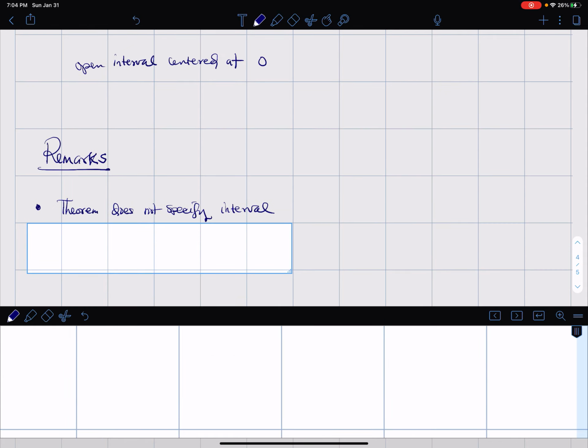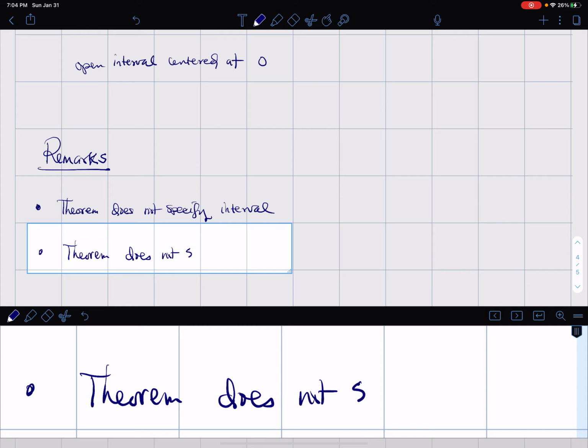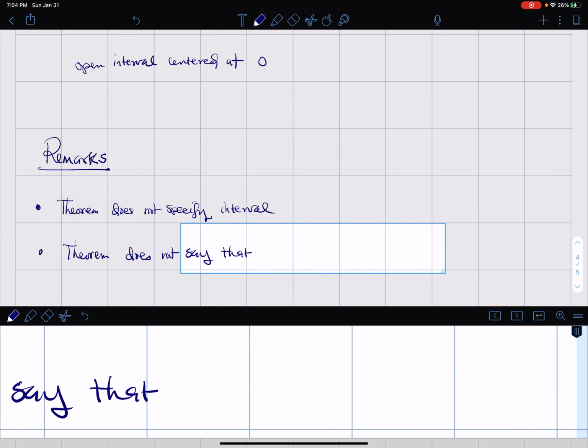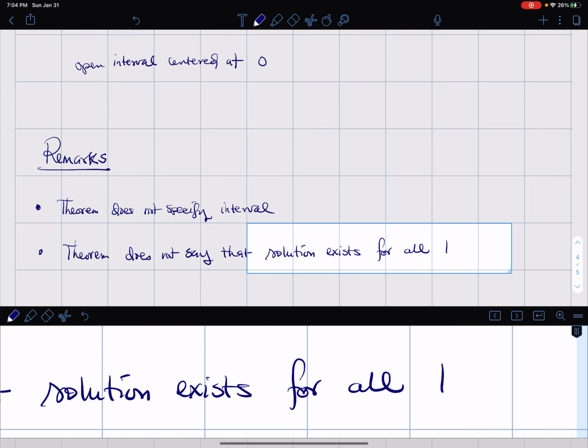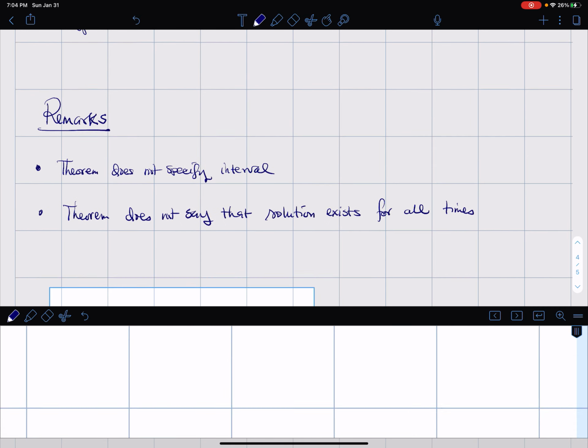And the theorem does not say that the solution exists for all times. All right, it exists for some interval, but not for all times.